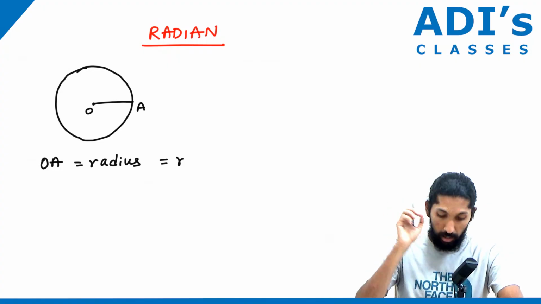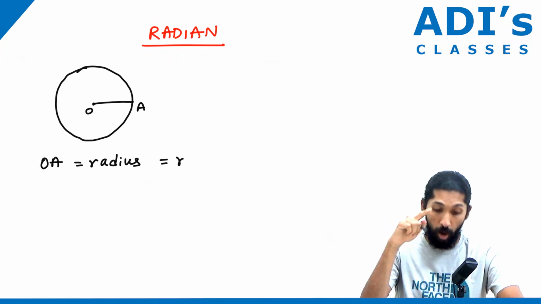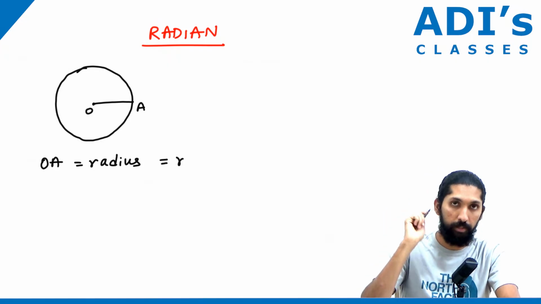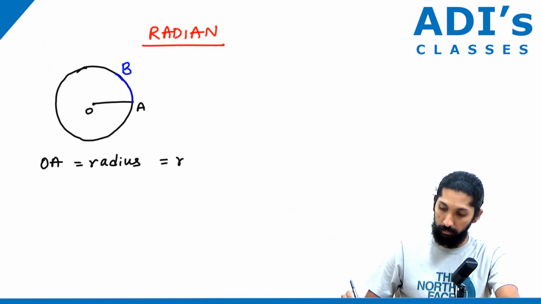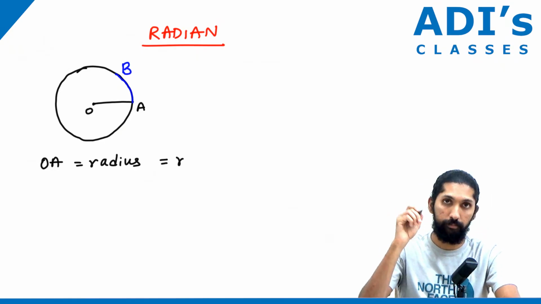In the sense, assume that the radius is 5 centimeters. On the circumference also you mark 5 centimeters. That means from O to this point, somewhere over here, say this point B, AB is also equal to r. Alright.